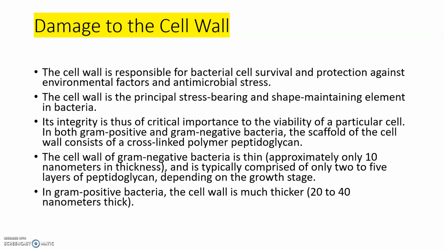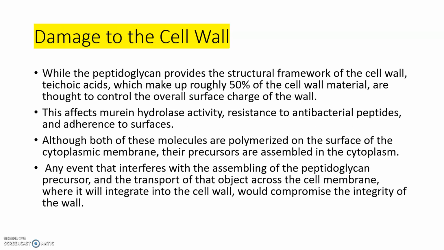In both gram-positive and gram-negative bacteria, the scaffold of the cell wall consists of a cross-linked polymer called peptidoglycan. The cell wall of the gram-negative bacteria is very thin and comprises 2 to 5 layers. But in gram-positive bacteria, the cell wall is much thicker, 20 to 40 nanometers thick.